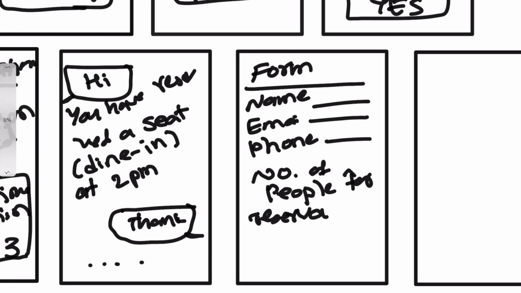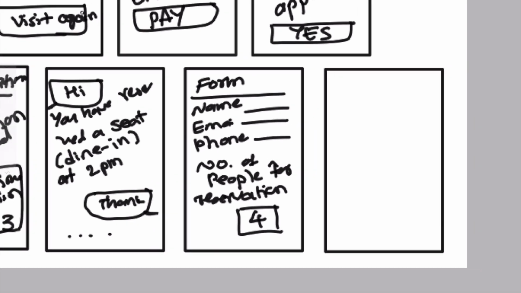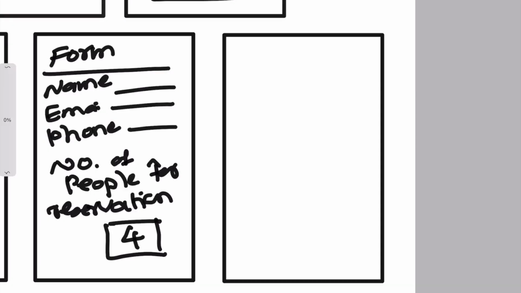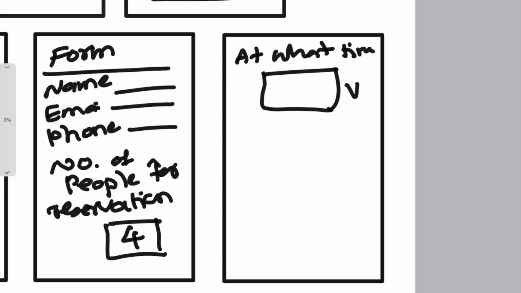So for example, if the family is about 4 people, they can write 4. Okay, so now the people is ready. At what time, so they can select, I am selecting 2 p.m., but they can select whatever time they want.